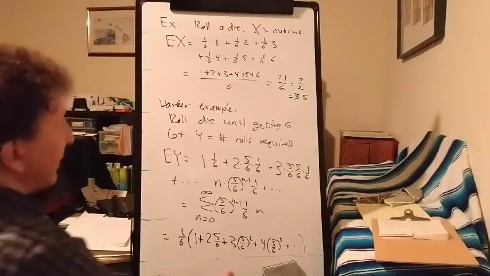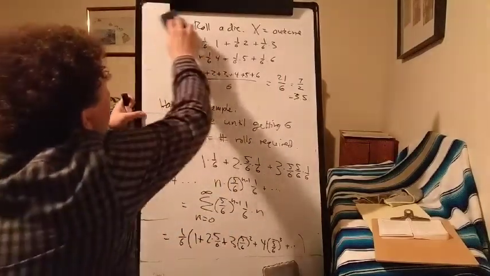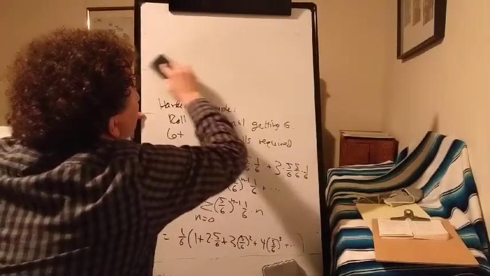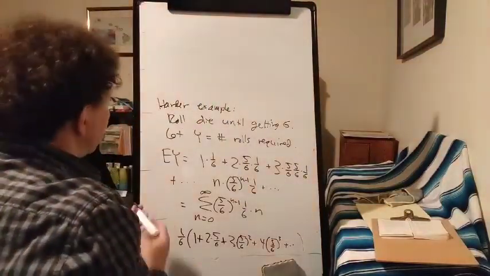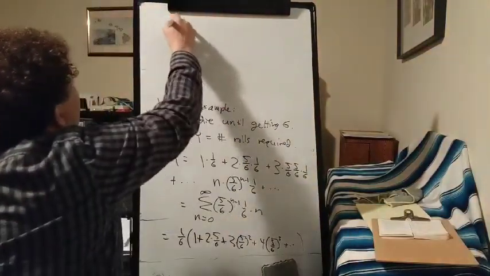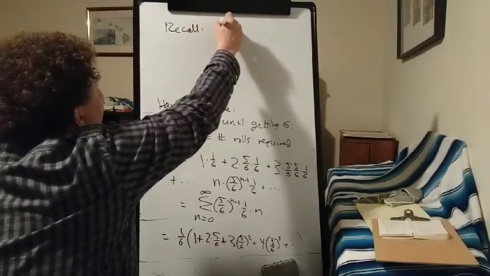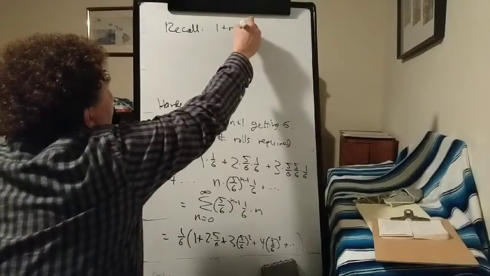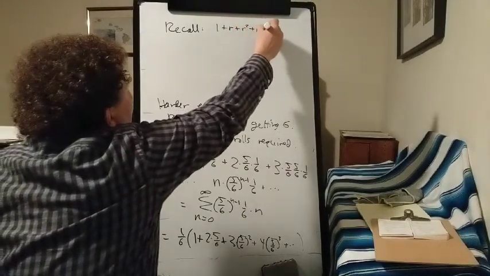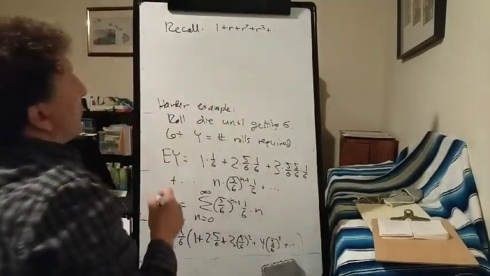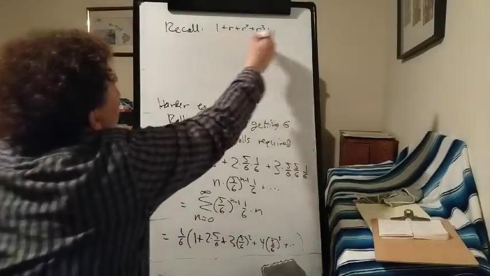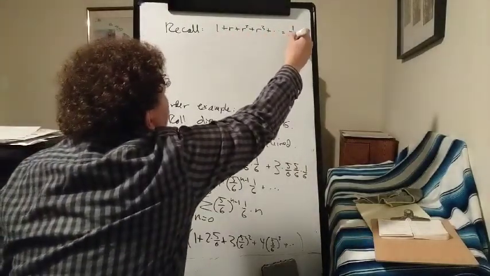That looks a little bit like a series I remember from calculus. So let's see. If we add up all the powers of r, where r is a number between -1 and 1, then that's 1 over 1 minus r.